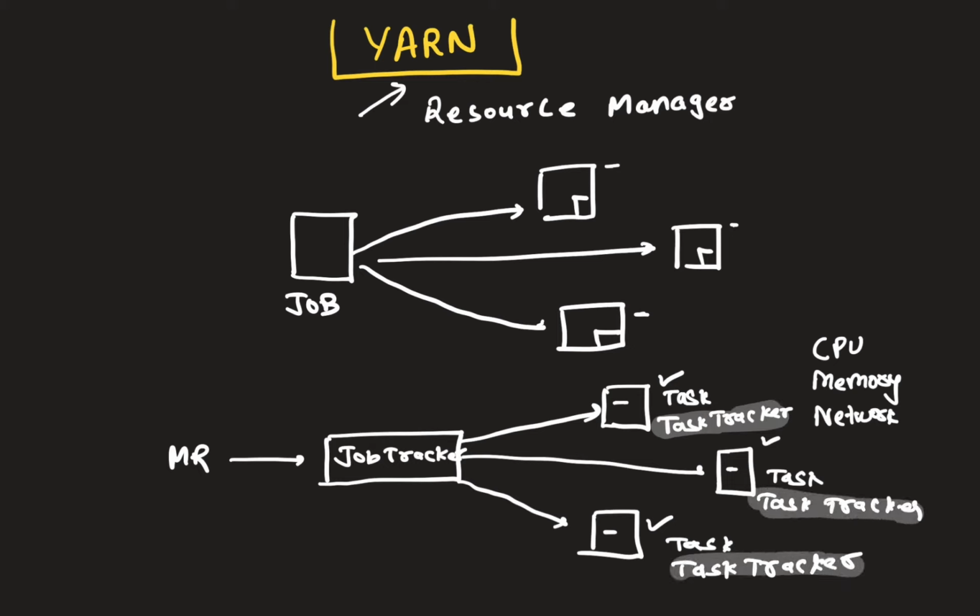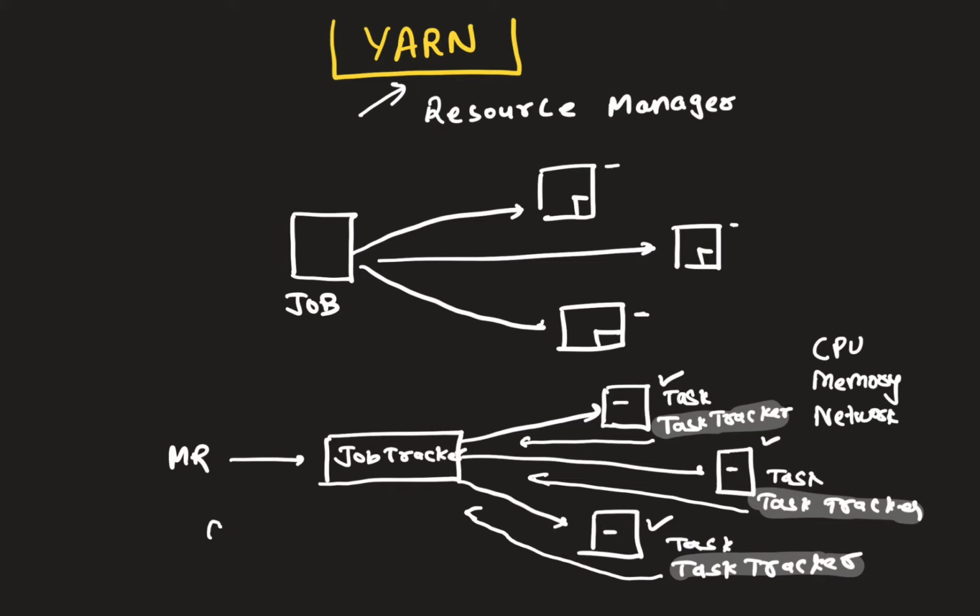The job of the task tracker is that it will check the status of the task, and it will report the status back to your job tracker. So all the task trackers will report the status back to the job tracker. So in a way, the job tracker is doing two things.